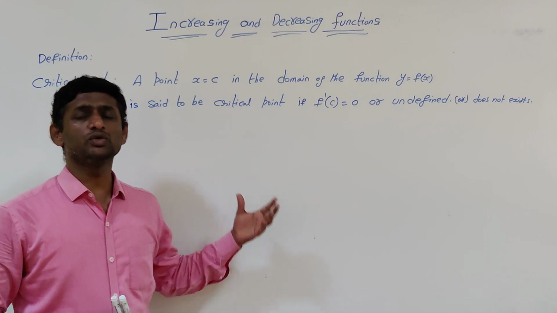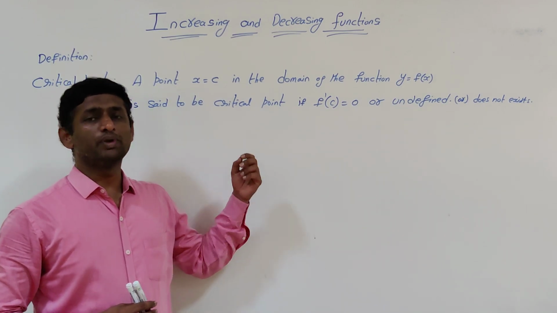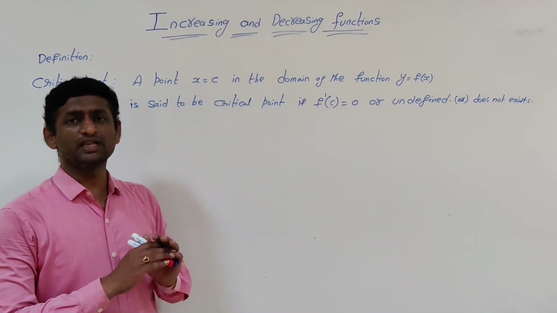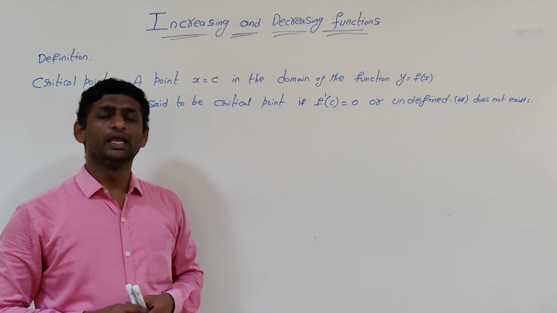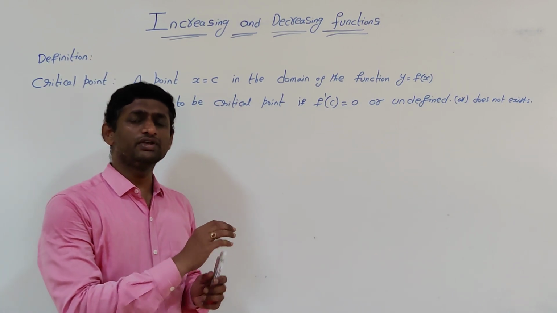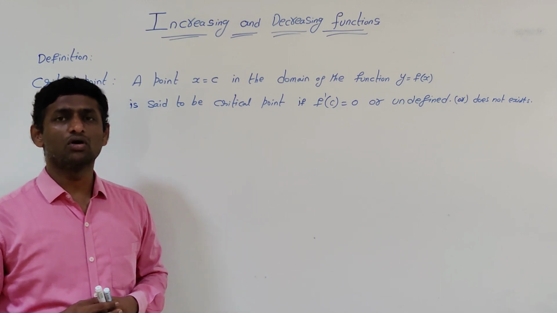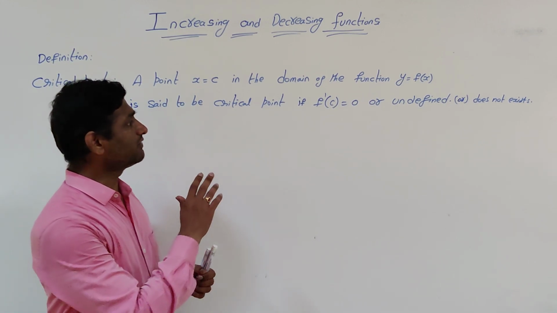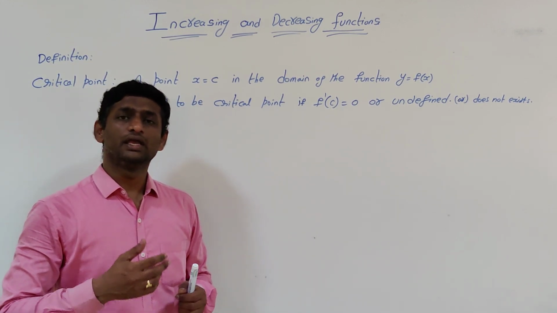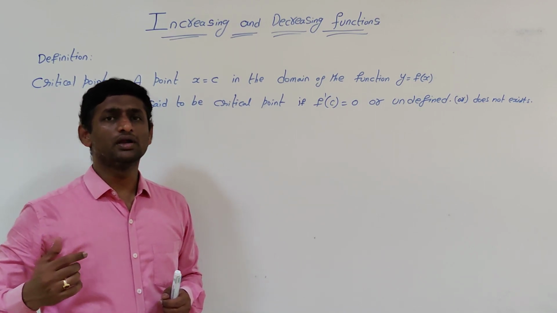So what is the use of this critical point? Based on the critical points, for any given function, we can find in which interval the function is increasing or decreasing. There are 4 steps to identify this.